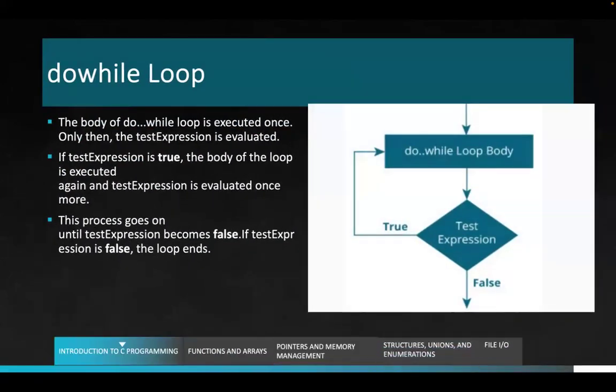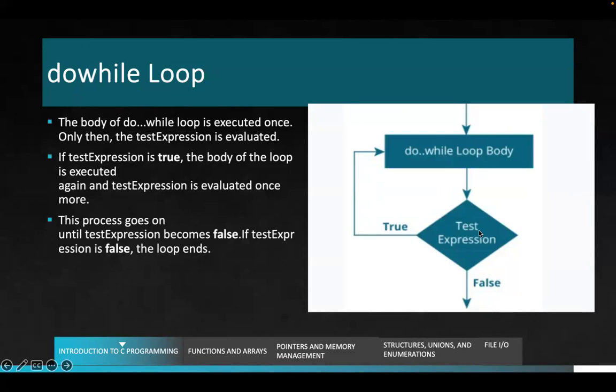Next is do while. The body of the do while loop is executed once, and only after that the test expression gets evaluated. If the test expression is true, then the body of the loop is executed again, and the test expression is evaluated again. So it's an iterative approach.